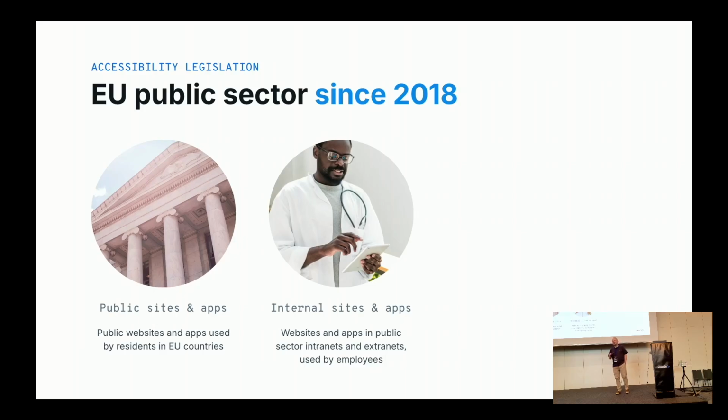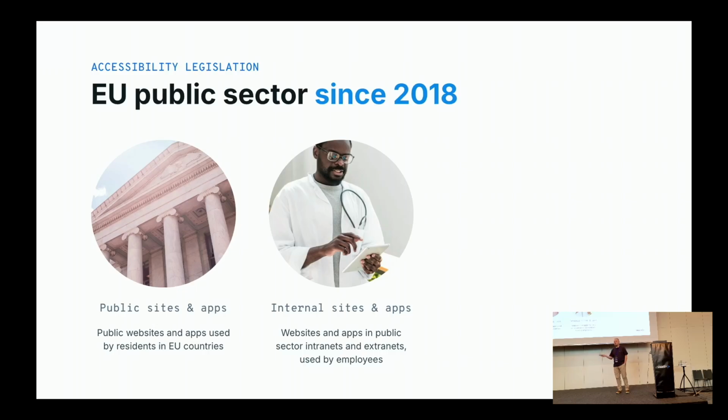But also, if you're just building some generic app, let's say, documentation management or something, that a public sector institution may want to use and give you money for, they may be prevented from doing so if the app is not accessible.